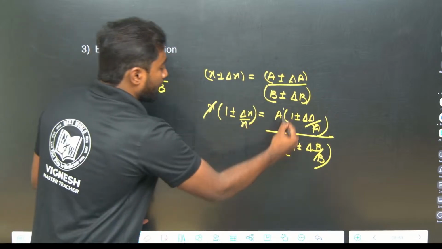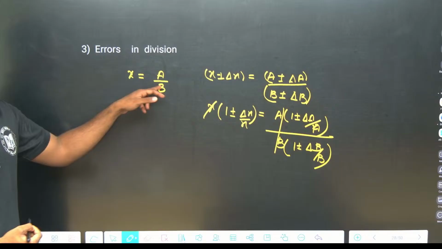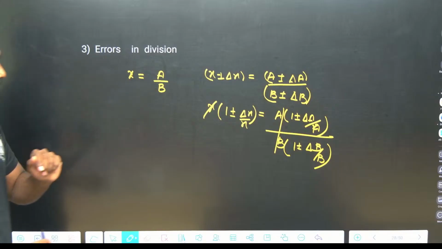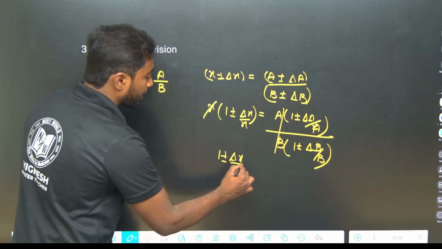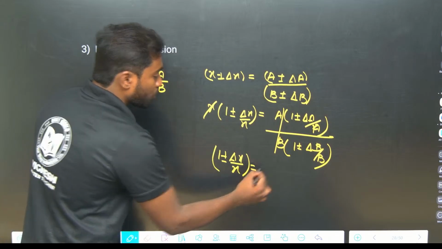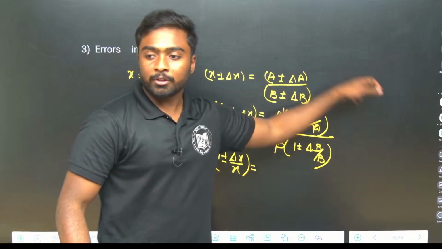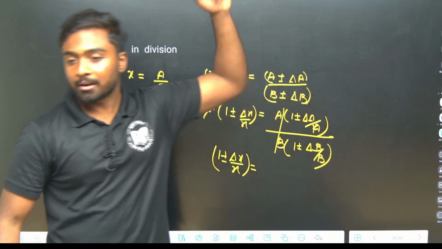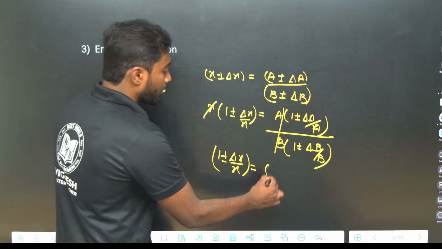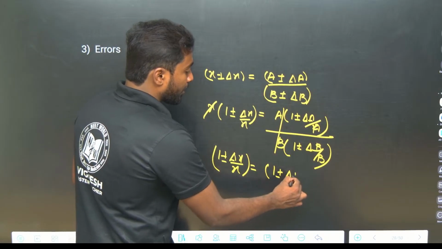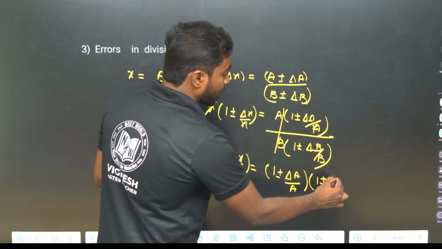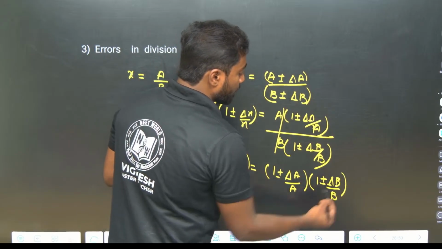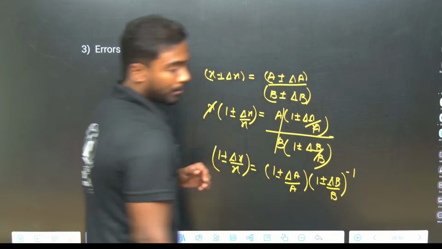So x and A by B will get cancelled off because x equals A by B, right? So here 1 plus or minus delta x by x equals, I can take this denominator to the numerator, it will become power minus 1. So 1 plus or minus delta A by A into 1 plus or minus delta B by B to the power minus 1.